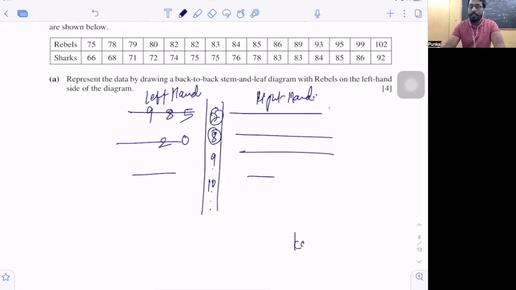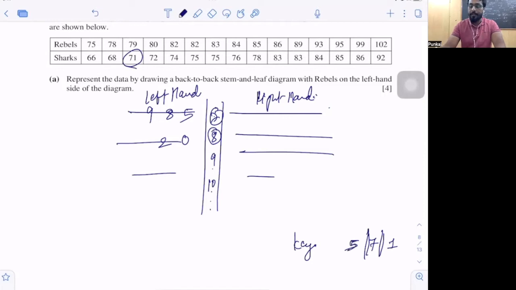So the key tells you how to read this stem and leaf diagram. I'll put the vertical line like this. I'll write 7 over here. I write 75 like this, and then 71 like this. So can you see 71 values over here? So the key tells you how to read the stem and leaf diagram.